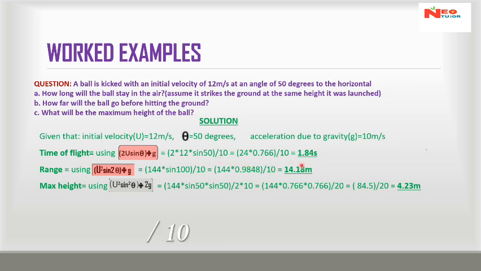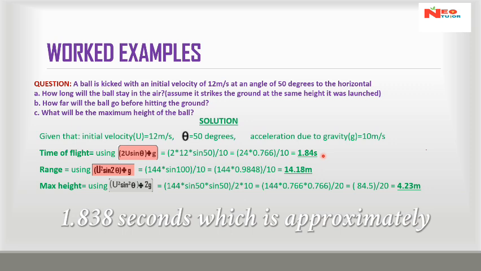Divided by 10, you get 24 times 0.766 is 18.38. Divided by 10, you have 1.838 seconds, which is approximately 1.84 seconds.